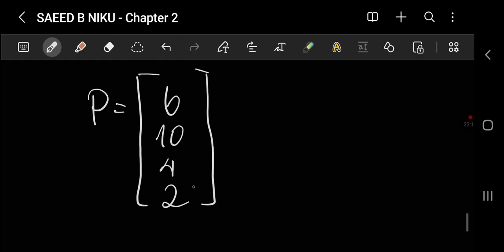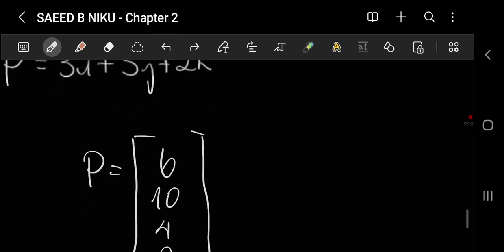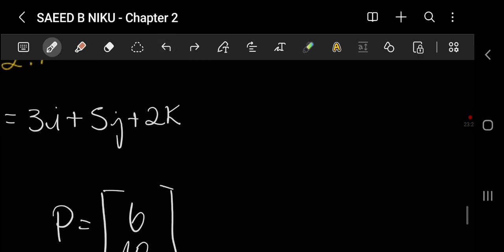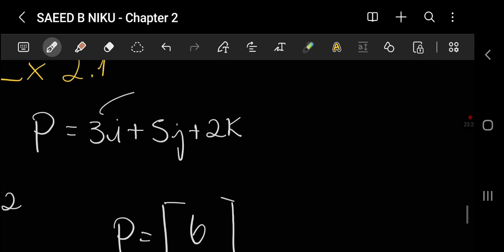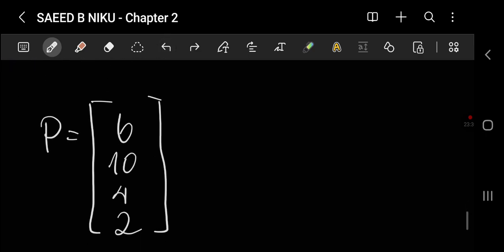Six, 10, 4, and 2, which is the scale factor. It is 3 multiplied by 2, 5 multiplied by 2, and 2 multiplied by 2.